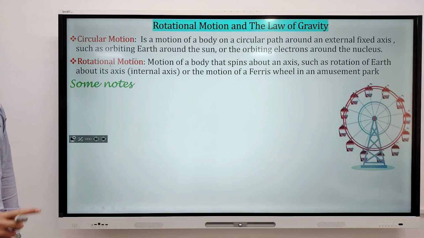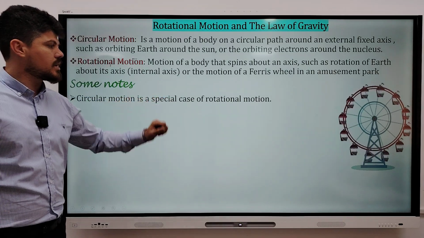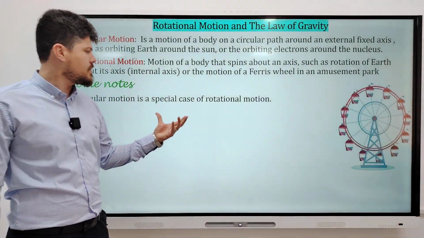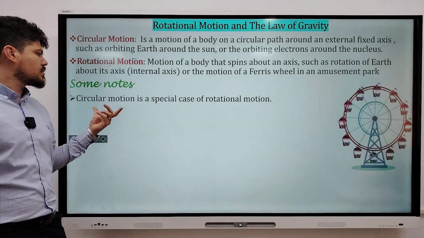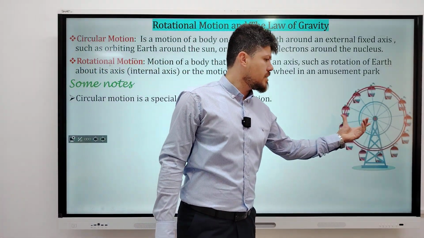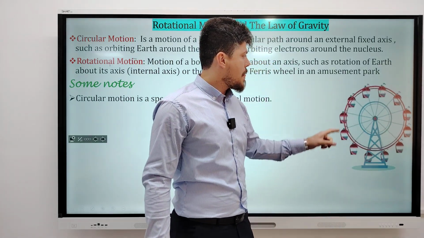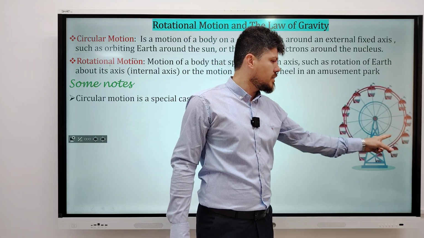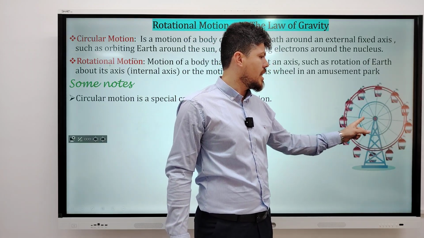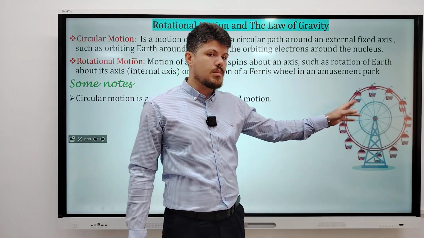So we have some notes here. Circular motion is a special case of rotational motion. What do you mean by that? For example, this Ferris wheel is moving in a rotational motion, but each point, like each chair or light bulb, undergoes circular motion.